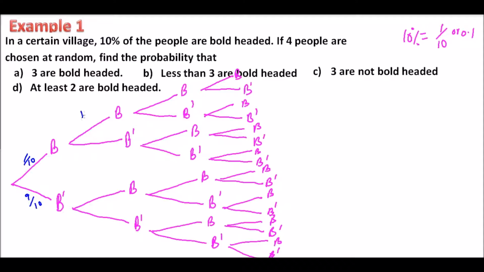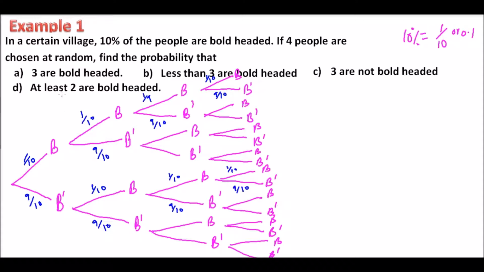So this is 1 over 10, this is 9 over 10, this is 1 over 10, 9 over 10, 1 over 10, 9 over 10, like that. So you can fill the whole tree diagram with the percentages. But we know the probabilities.